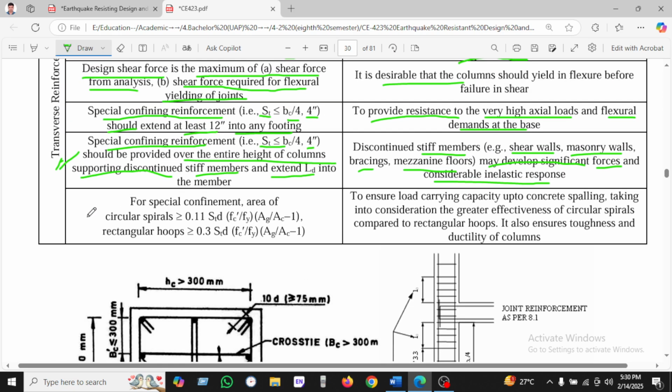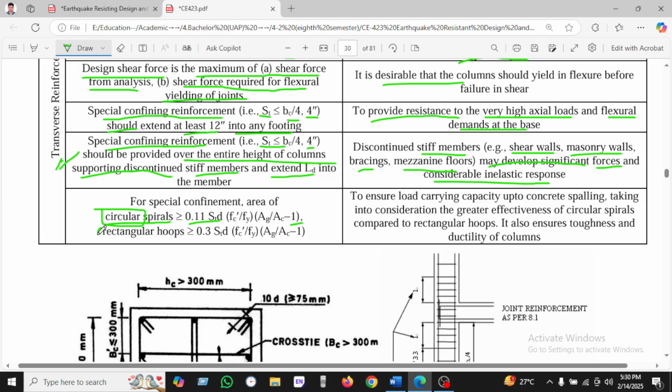Okay, let's see another point for transverse reinforcement. For the special confinement area where the column is circular with spiral, as we know, 0.11 s D fc' divided by fy times (Ag/Ac minus 1). This condition must be fulfilled when the column is circular.